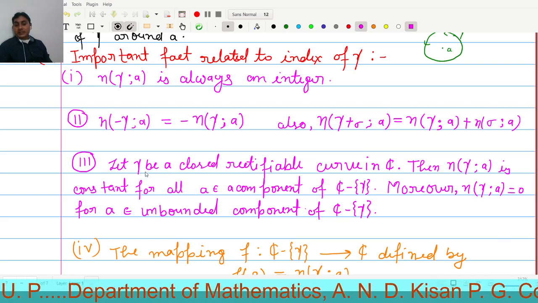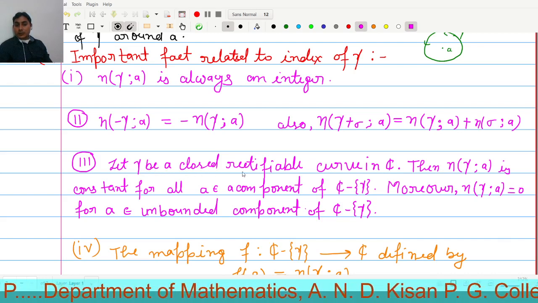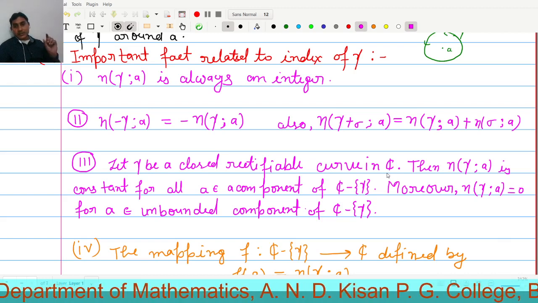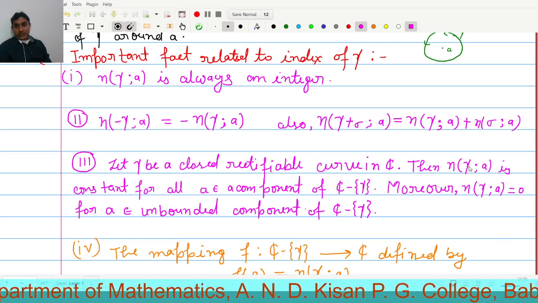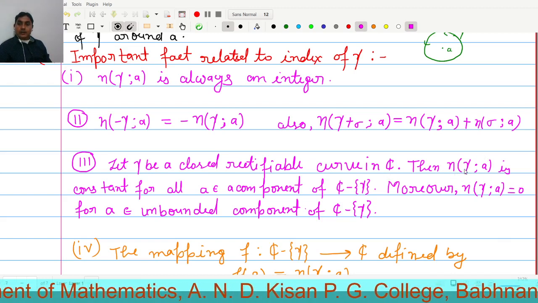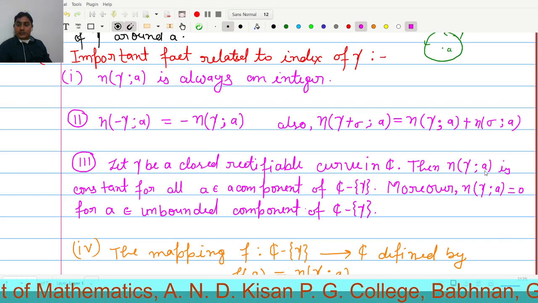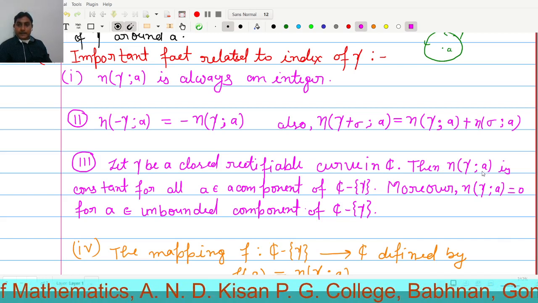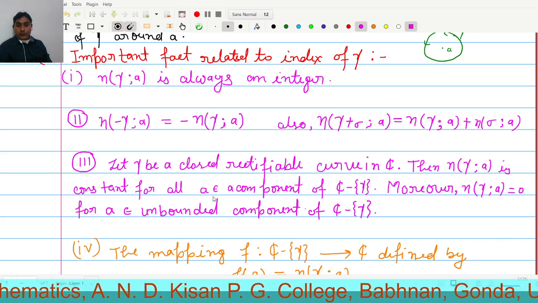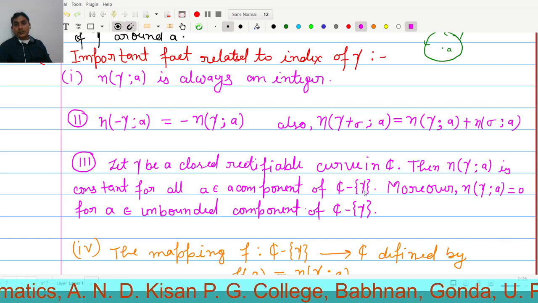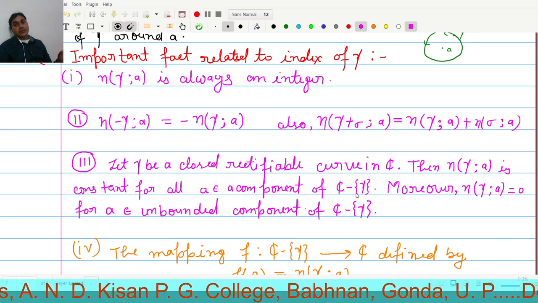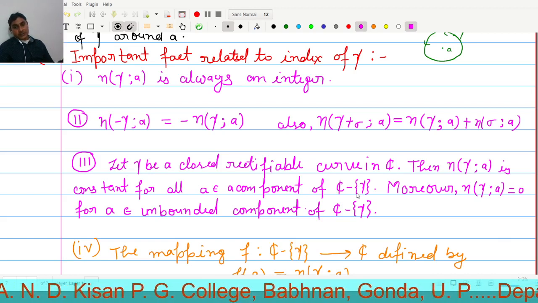Another important thing is, if gamma is a closed rectifiable curve in C, then the winding number, the index of gamma with respect to a, is constant for all a belonging to a component of C minus the trace of gamma. It means C minus the trace of gamma may have several components.